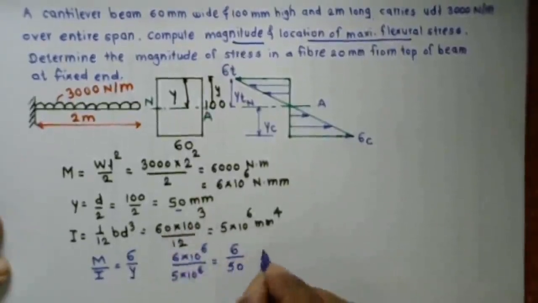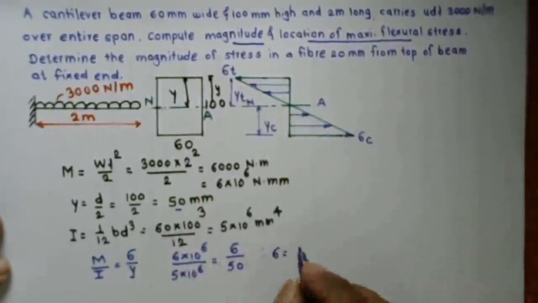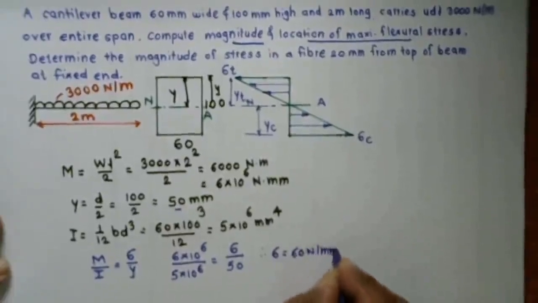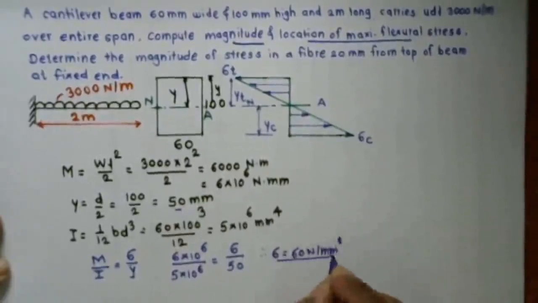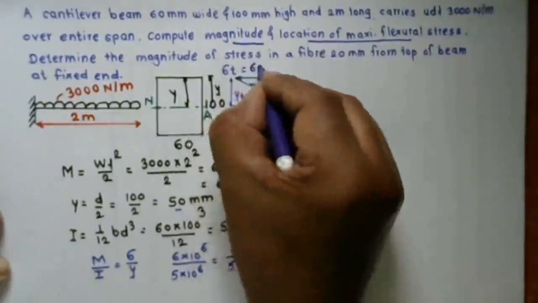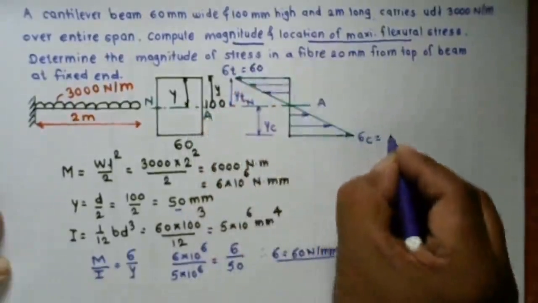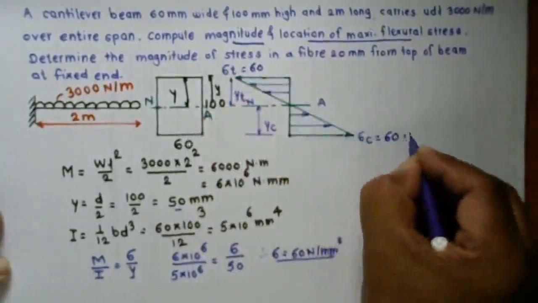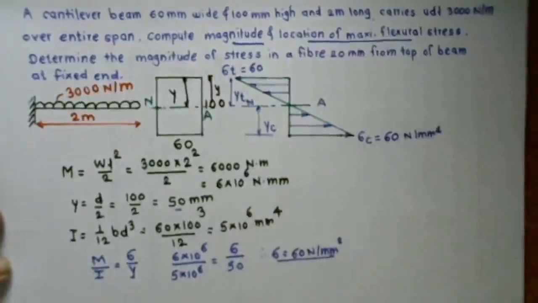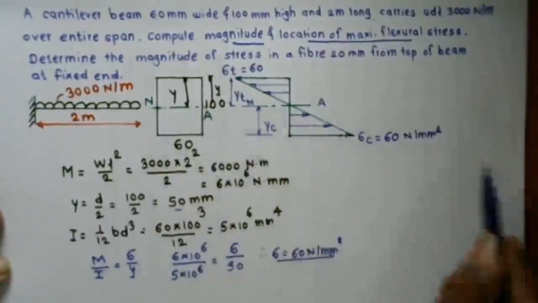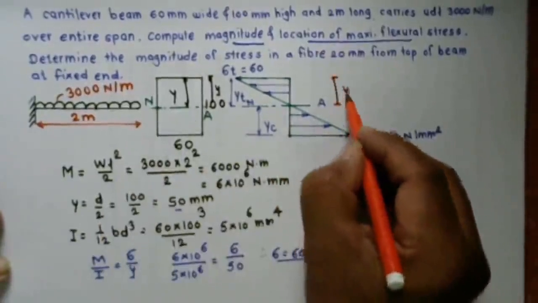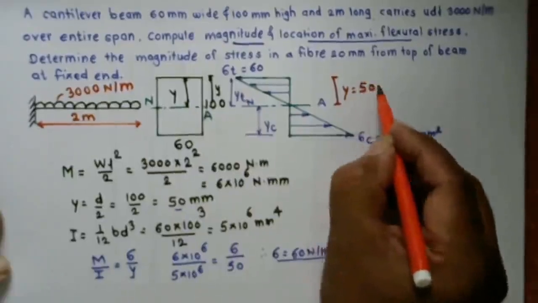In that case we get sigma equal to 60 Newton per mm square, the stress induced at the outer section, so sigma T is equal to 60, and sigma C is also 60 because it is a symmetrical section. The outer distance y we already calculated is 50 mm.